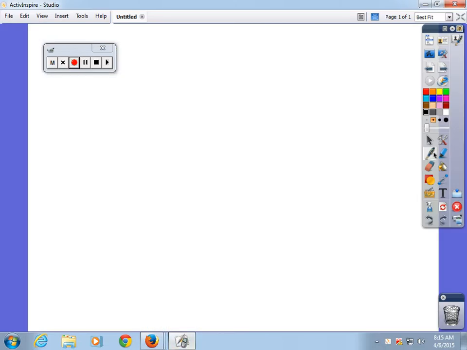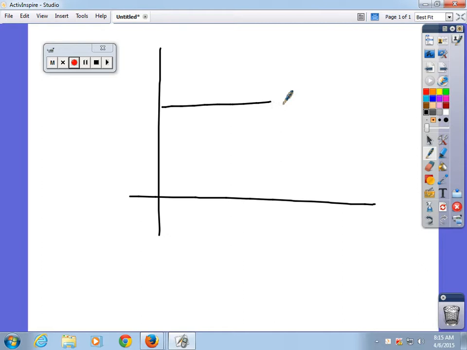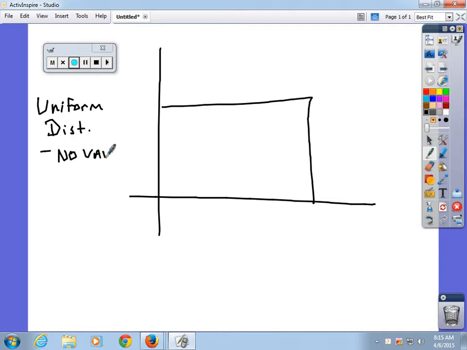Well, uniform distribution is going to look like this. Uniform distribution means there's no variation. Sweet and simple. The area under the curve is still 1.